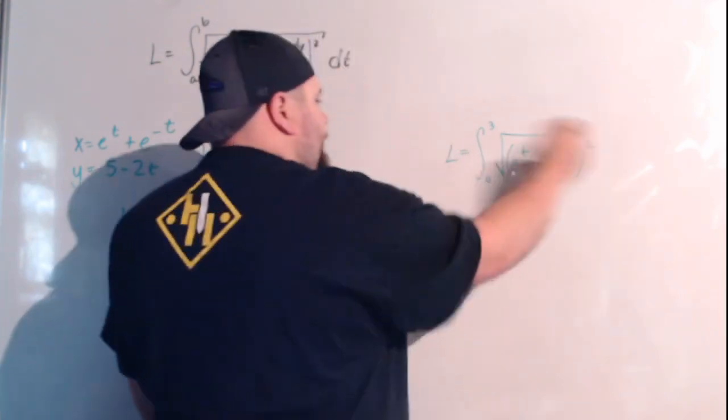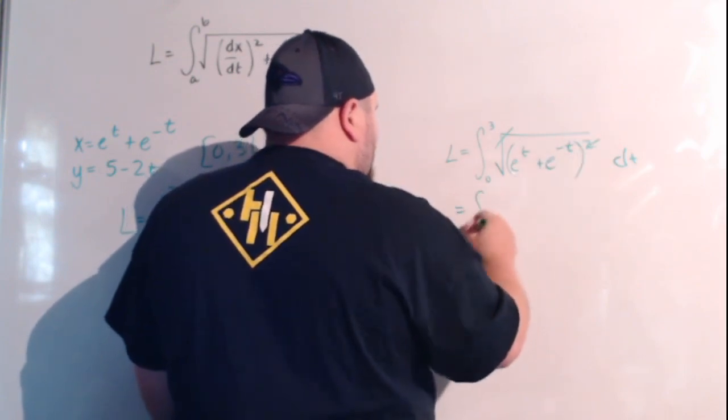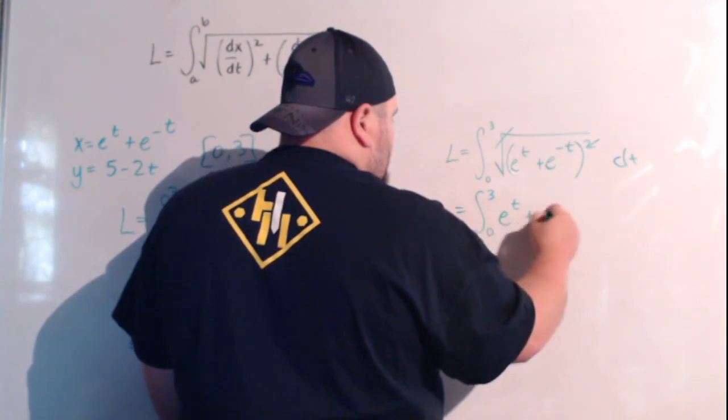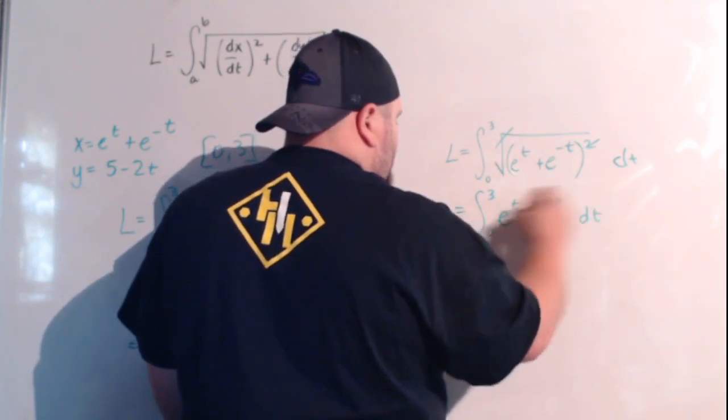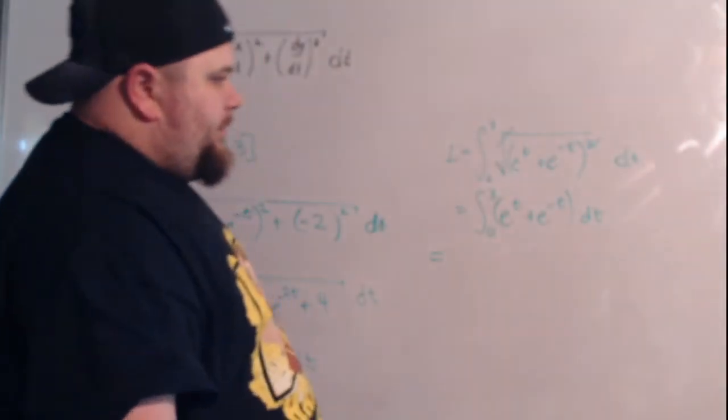And then if we have the square root of something squared, those go away. And that's an easy integral at that point.